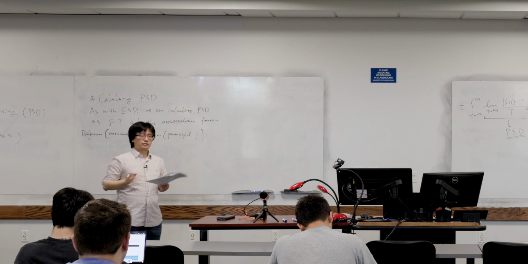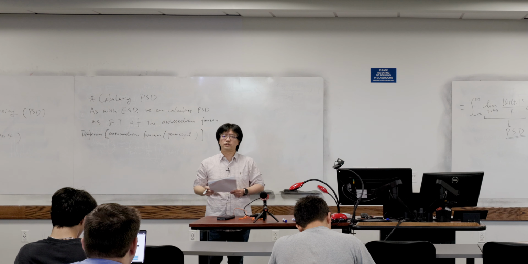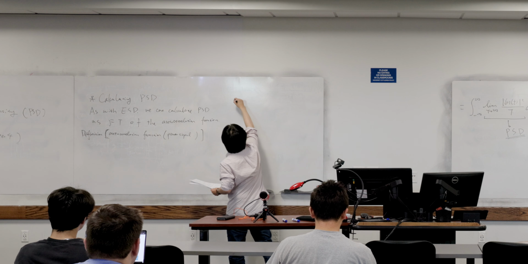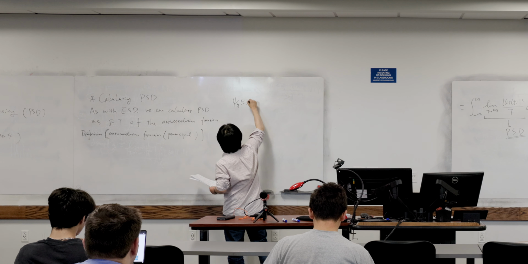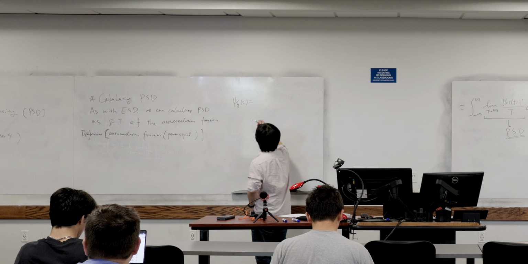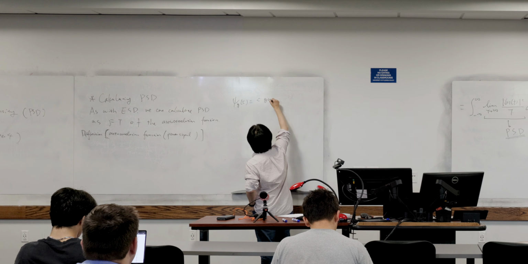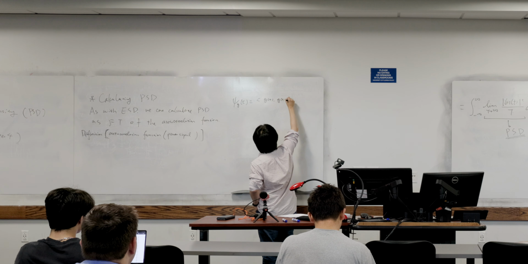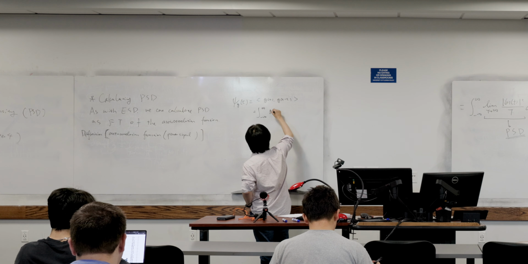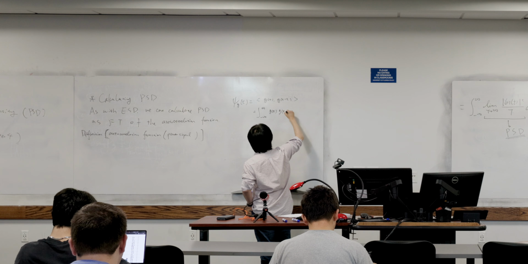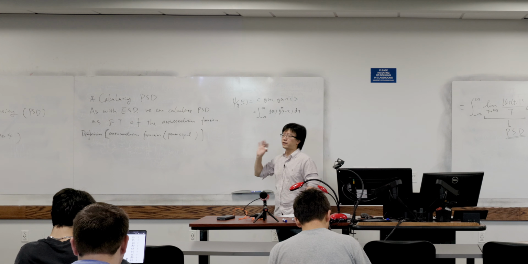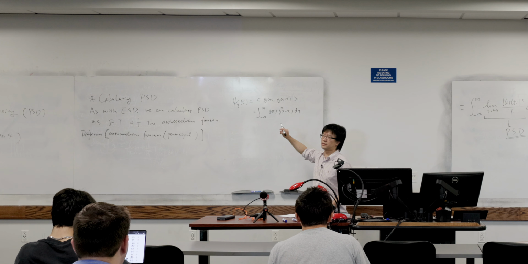Who still remembers the definition of the autocorrelation function for energy signals? Right, the psi g of tau. What does that equal to? It's the inner product of g of t with g of t minus tau. Very good. If you write it out, it will equal this.